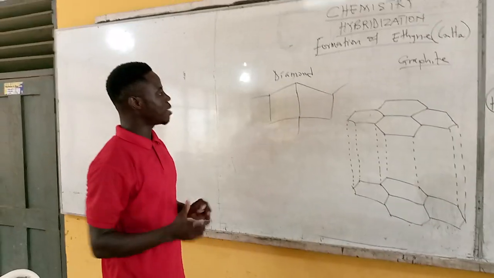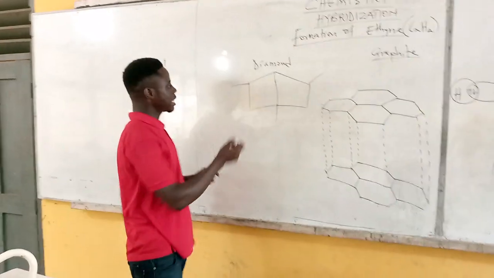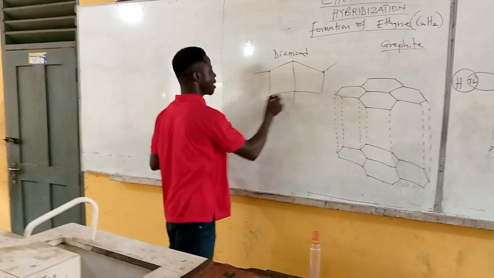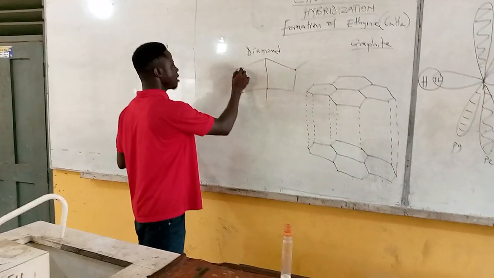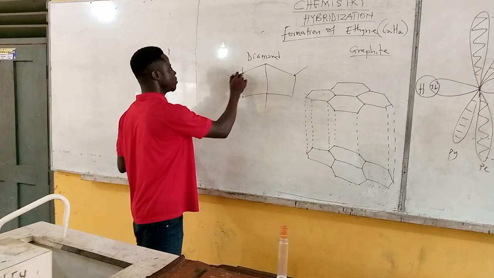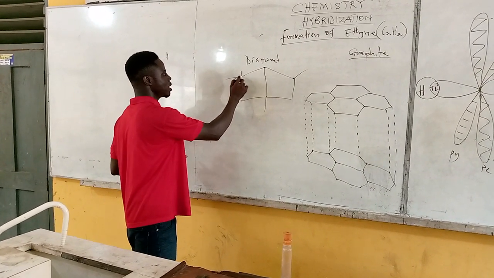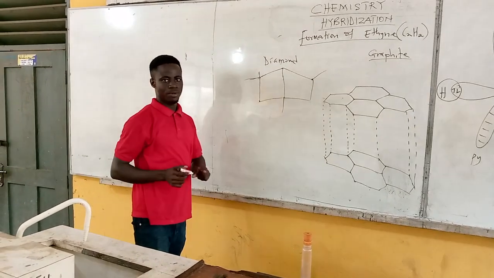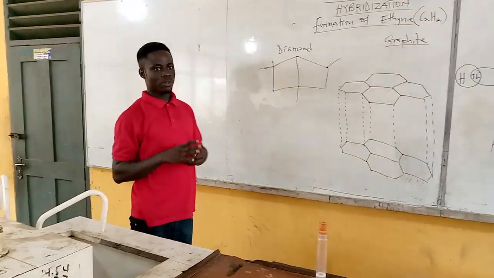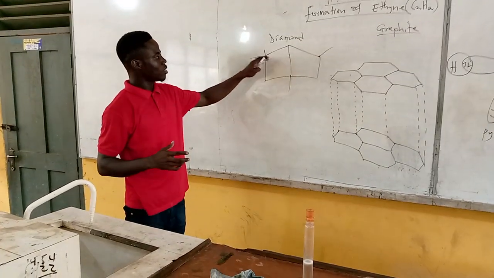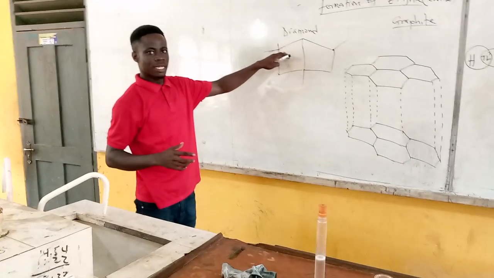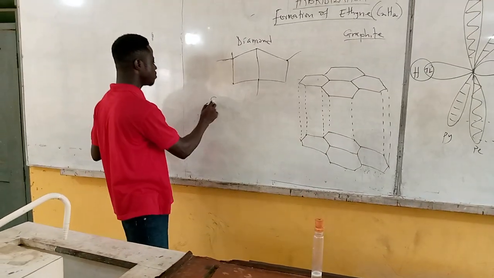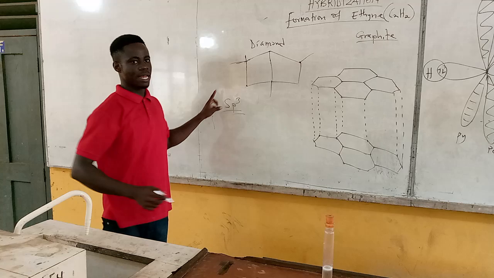So this is what we call graphite, and this is diamond. Now from these two diagrams, you can talk about the carbon. Look at the carbons located here. The carbons here, 1, 2, 3, 4. You can see 1, 2, 3, 4 like this. It's tetrahedral in shape. So when you pick diamond, the type of hybridization for every carbon is sp3 hybridization.